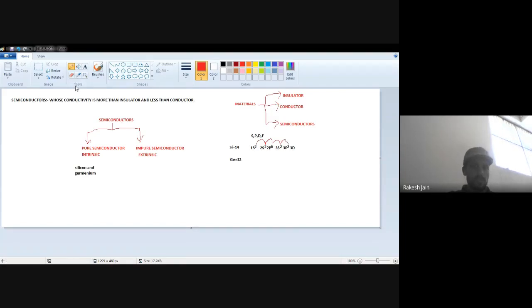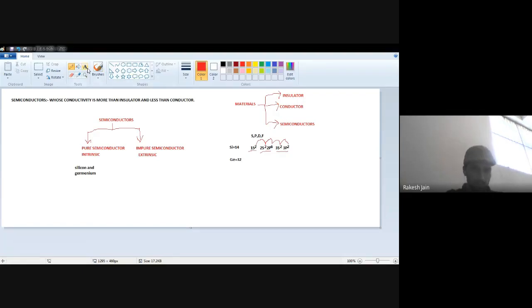So 14 is completed and we don't require 3d. The last orbital is known as the outermost orbit of any element. So what is the number of electrons in this orbit? 2 plus 2, that is 4.